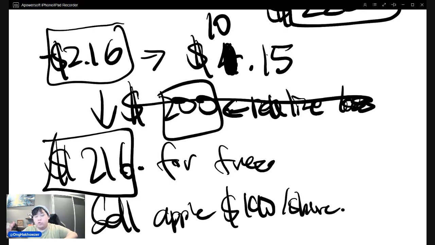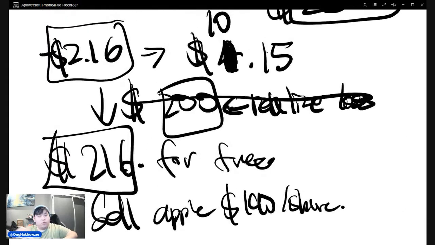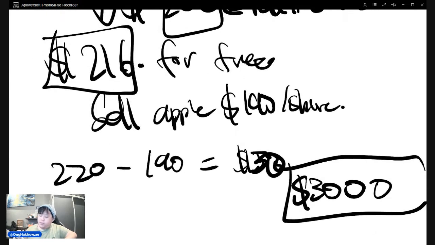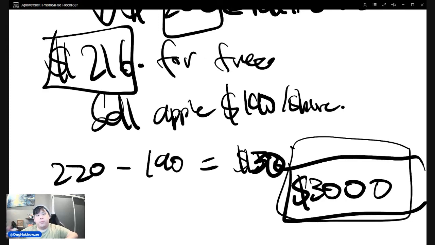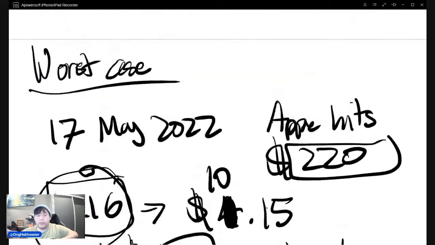But what you're going to be doing is you either want to realize this loss, or not realize it and continue holding on to the hope that you get back this $216, while potentially losing up to this much money. Potentially, of course. But yeah, this is the worst case scenario.